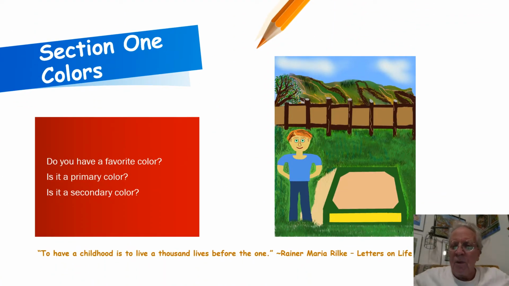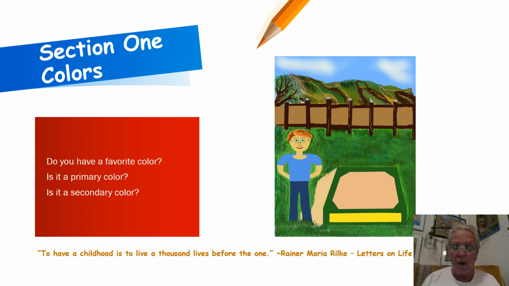Section 1, we're going to talk about colors before we talk about anything else. Do you have a favorite color? Is it a primary color? How about a secondary color? Ryker didn't tell me what colors we were going to talk about, but he did tell me that one of the colors is a primary color and one is a secondary color. So we'll find out how we determine what is primary and what is secondary.